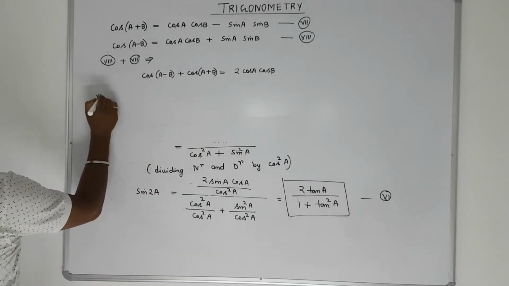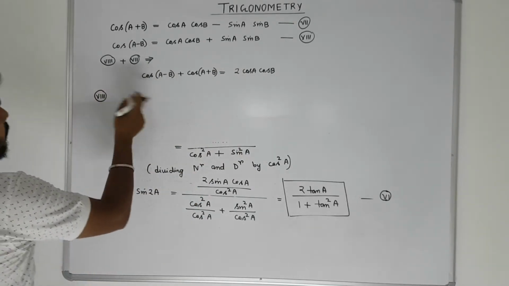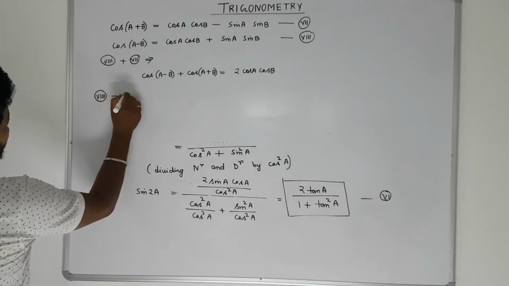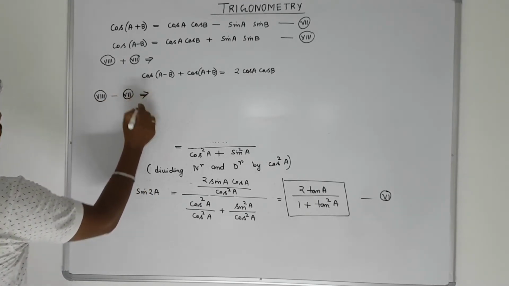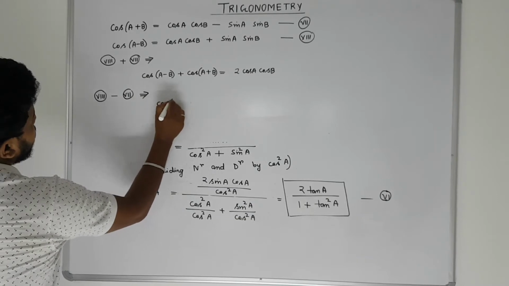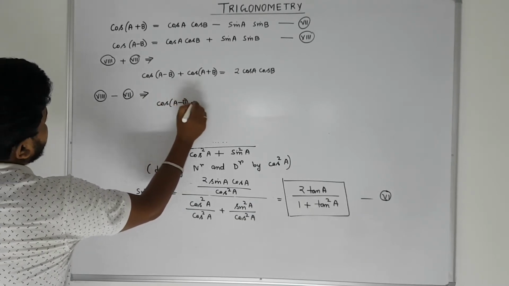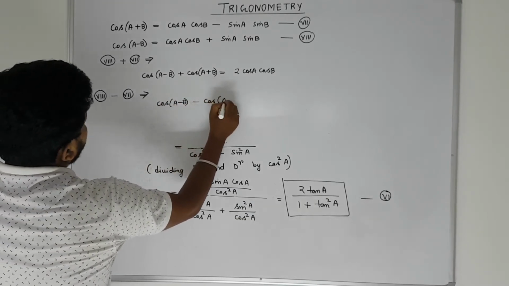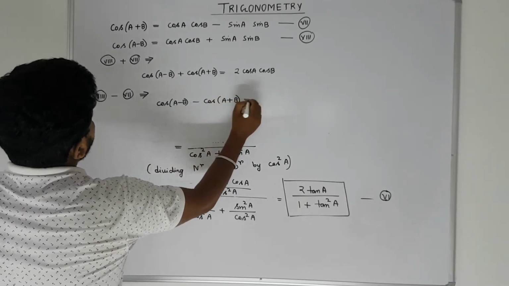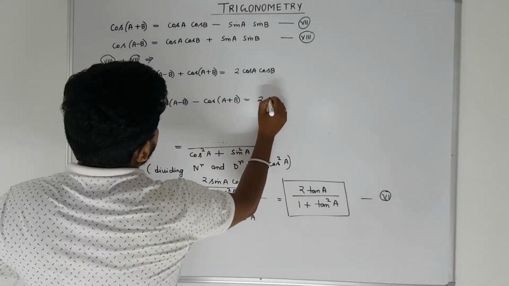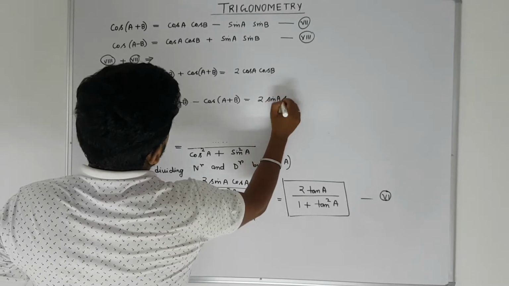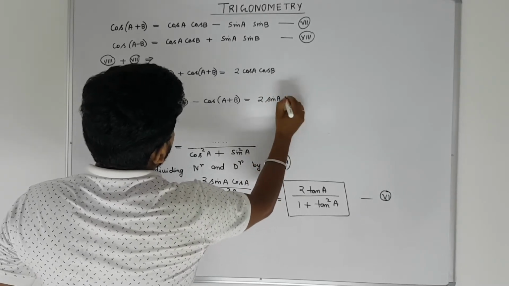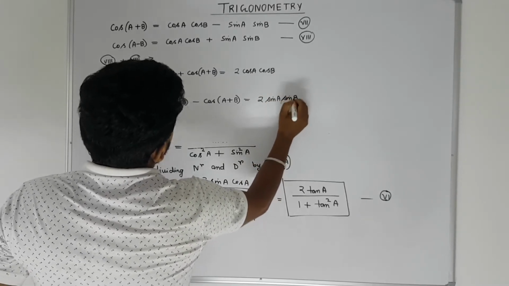And if I subtract number 7 from number 8, you will get cos(A-B) - cos(A+B) = 2 sin A sin B.